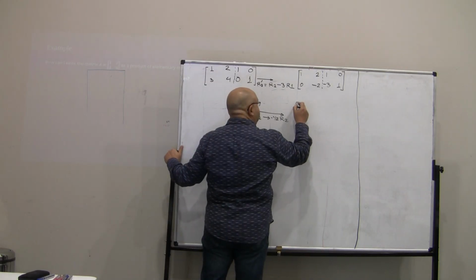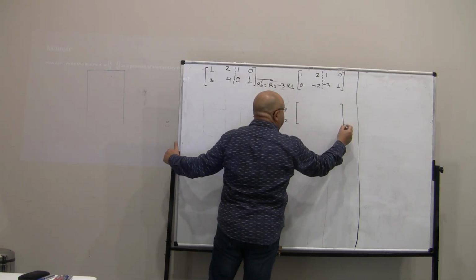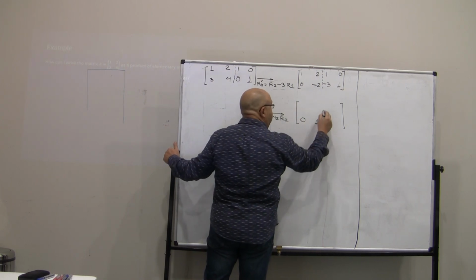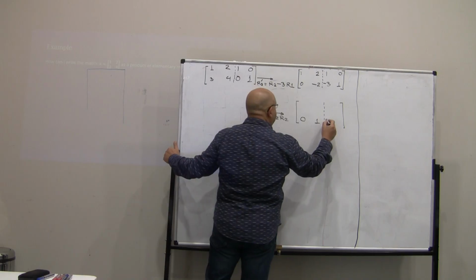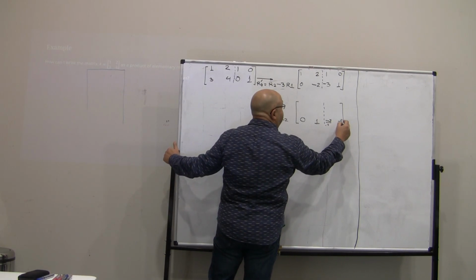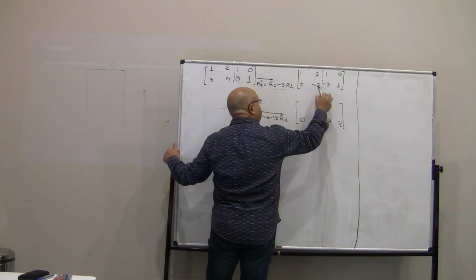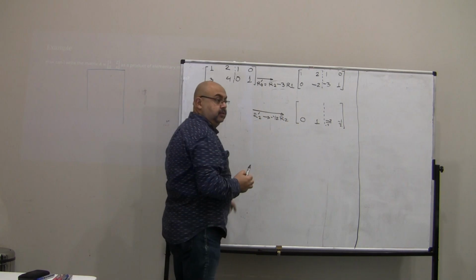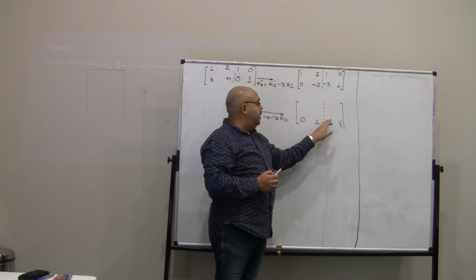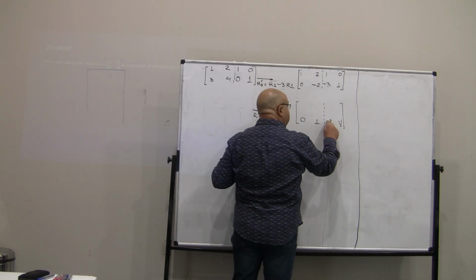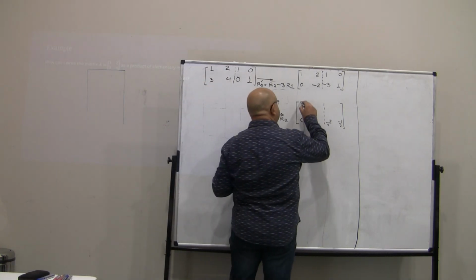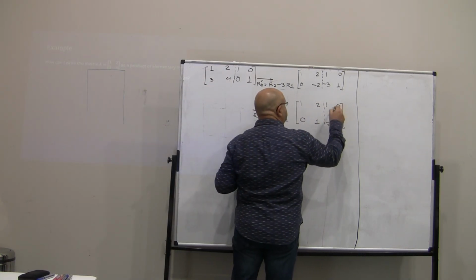Once we do this, the new matrix will be 0, +1, then -3 over -2, which is 3/2, or 1.5, then -1/2. So I multiplied the second row by -1/2. The first row will remain as it is, 1, 2, 1, and 0.